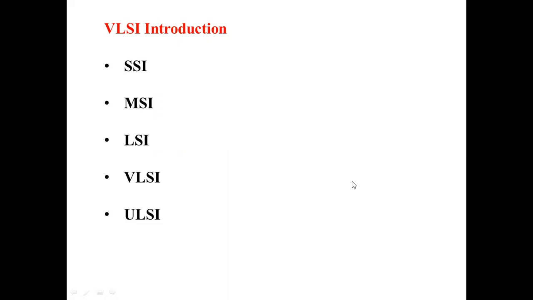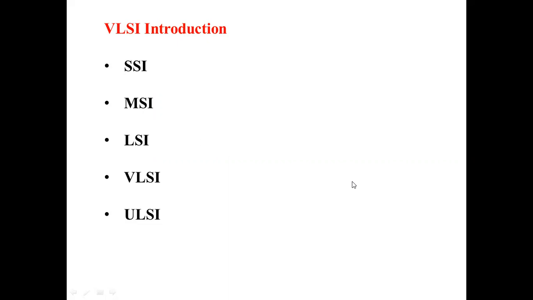Then it is followed by PMOS, NMOS, CMOS: P-type metal oxide semiconductor, N-type metal oxide semiconductor, and complementary metal oxide semiconductor. Then BiCMOS logic families also came into existence with the invention of various types of transistors.